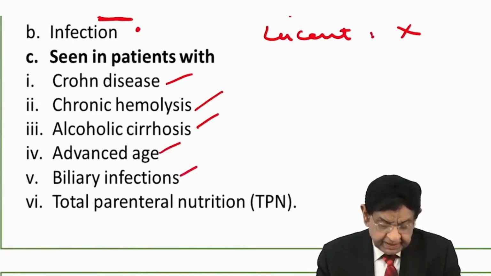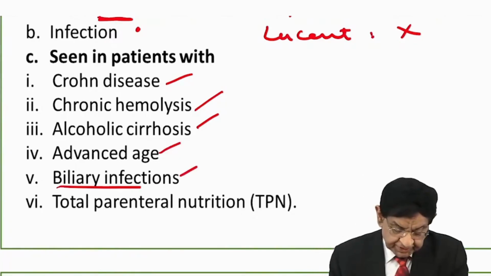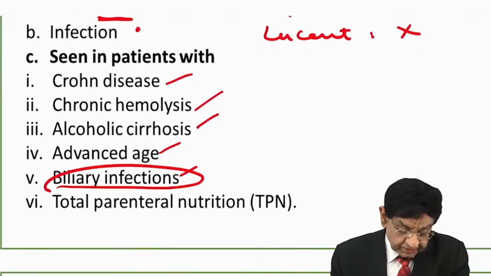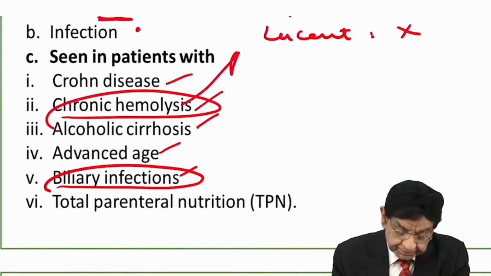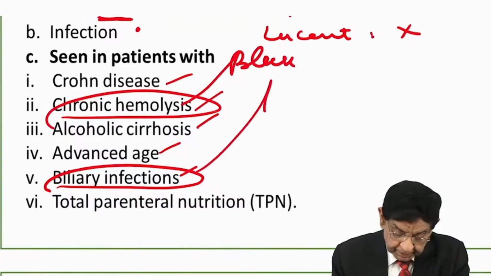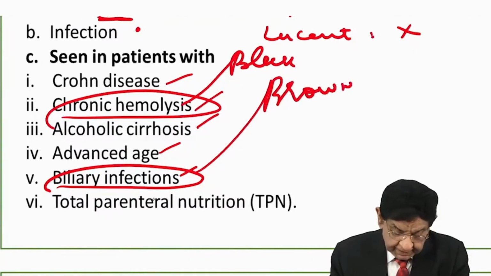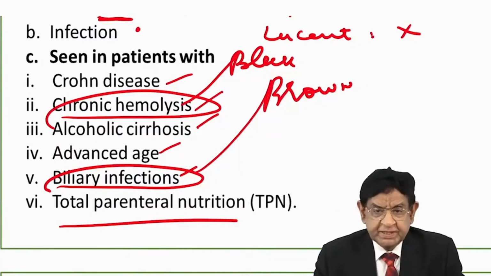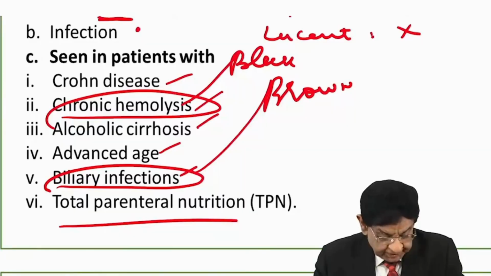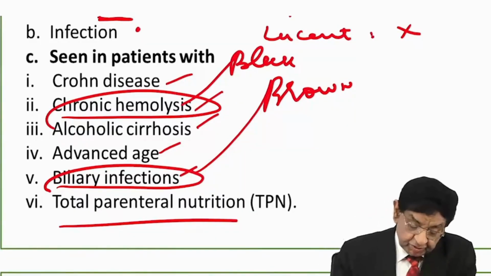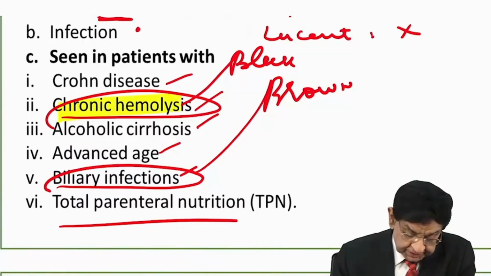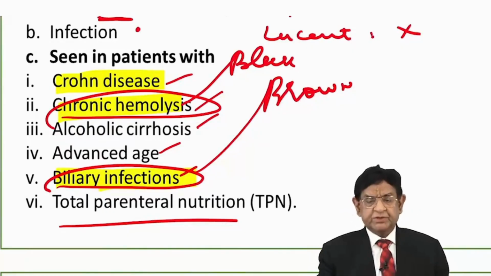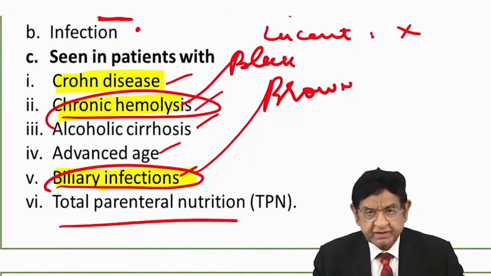Advancing age, biliary infection. This is the one which is going to have brown. This is the one which is going to have black. And total parenteral nutrition can also predispose to stone formation. All right. Keywords to remember here are hemolysis, Crohn's disease, biliary infection. They are the three things you have got to remember in this particular slide.